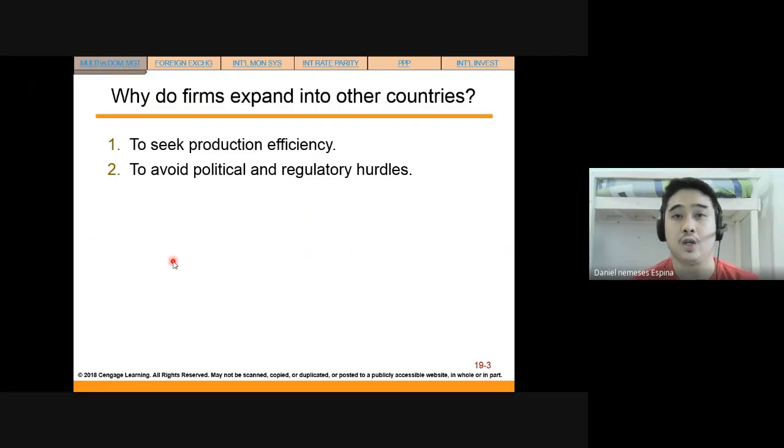Second is to avoid political and regulatory hurdles. Some countries don't have the same way of doing things. For example, some countries have a different way of taxing their citizens and their businesses, and they have different tax rates. Some are higher, some are tax exempt, or they have lower tax rates. In terms of regulation, other countries are very strict in regulating certain industries, while other countries are more open and have an easier way of doing business.